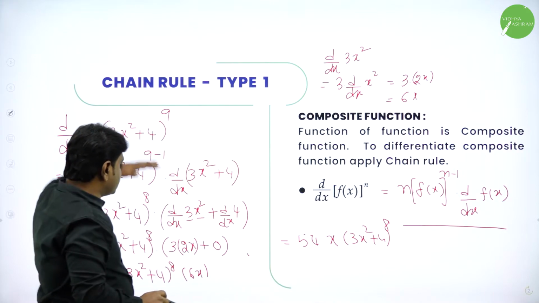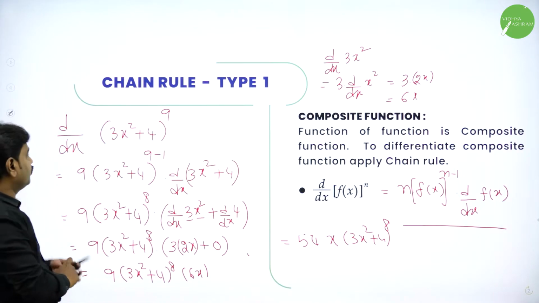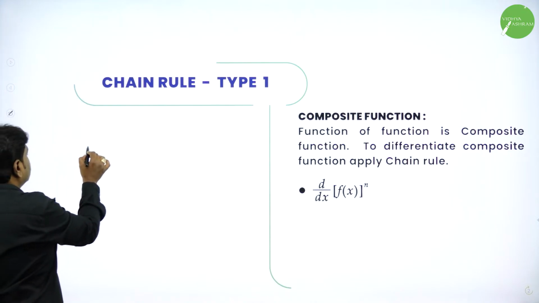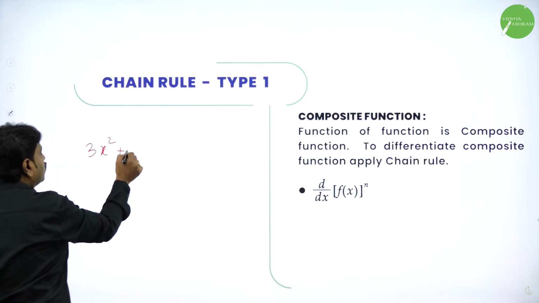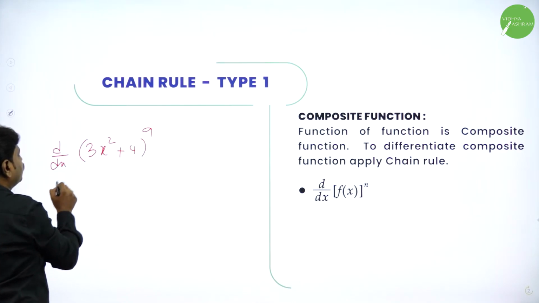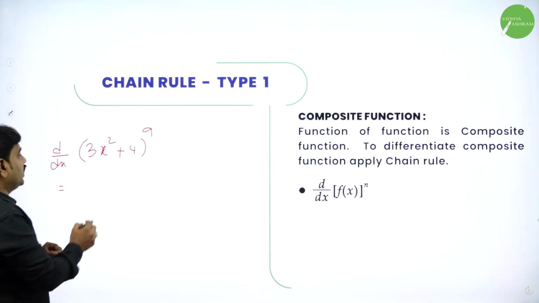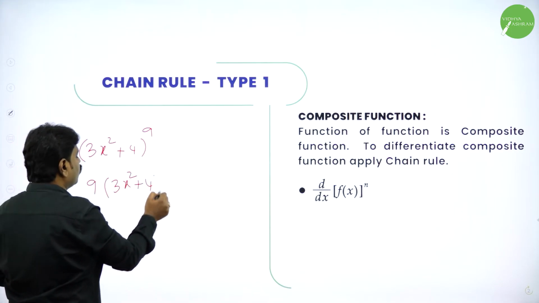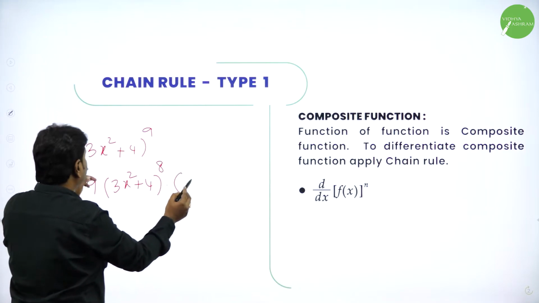See, now the same problem, we can do it faster and better. Now (3x square plus 4) power 9, if I give d by dx, directly you can use the chain rule. Using the chain rule, n into f of x power n minus 1, (3x square plus 4) power 9 minus 1 is 8, into d by dx of the inside function.